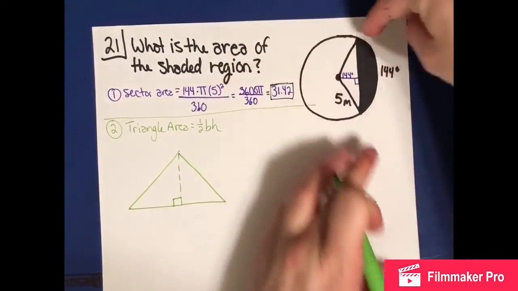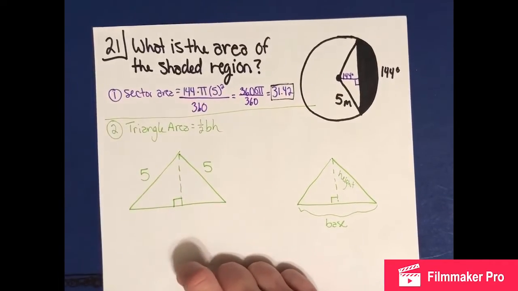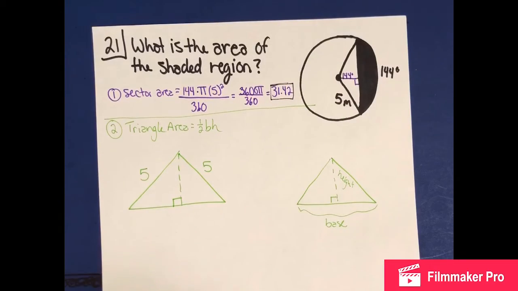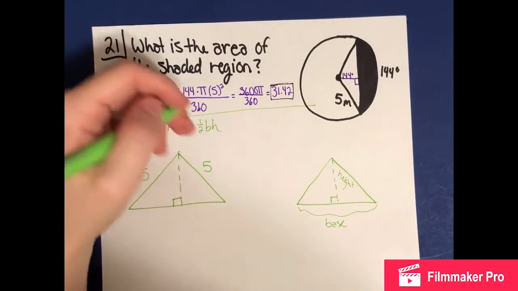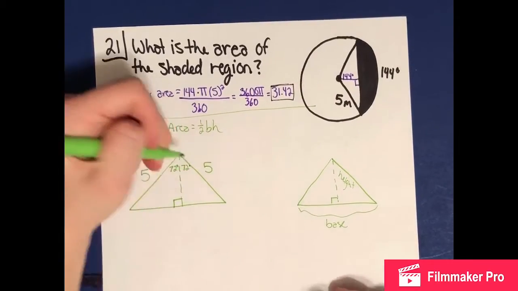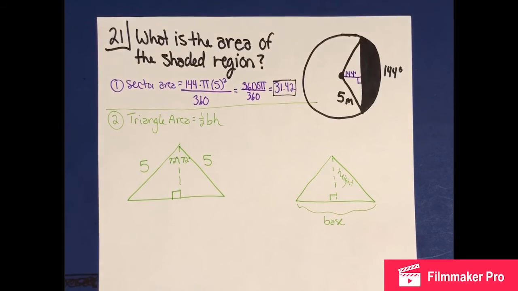The two sides, the radii are going to be 5. Okay, so this is the cool part. We split 144 in half, we get 72. So I have 72 on both of them, but here's the thing, we don't have a 72, 72, 90 triangle.